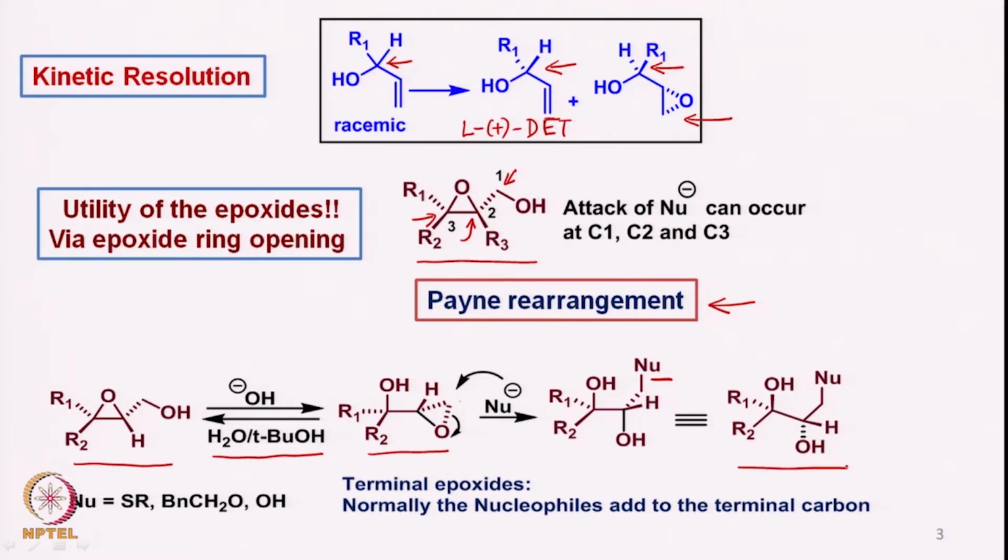So, like this one can easily transform the epoxy alcohol, which is almost 100% optically pure, into a large number of different types of molecules which are highly functionalized molecules.